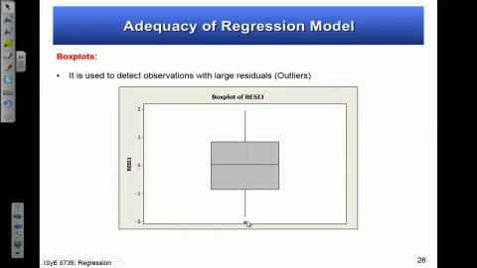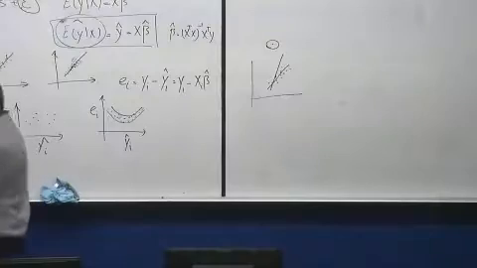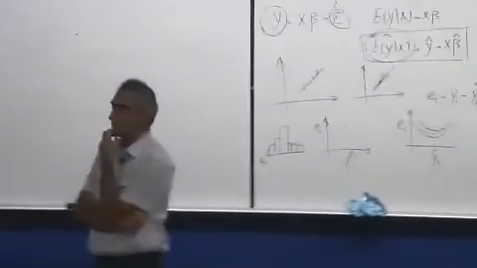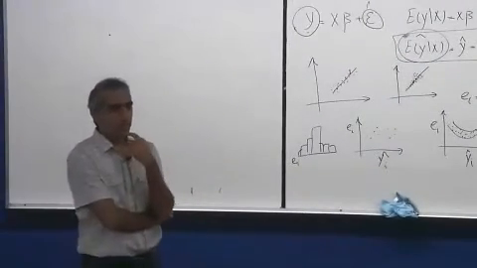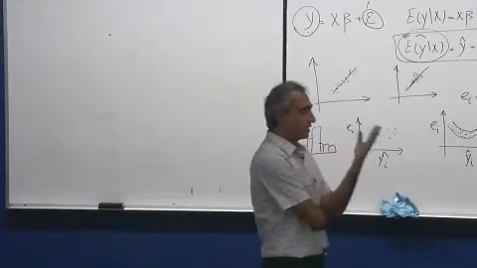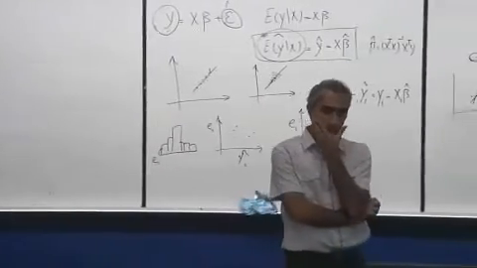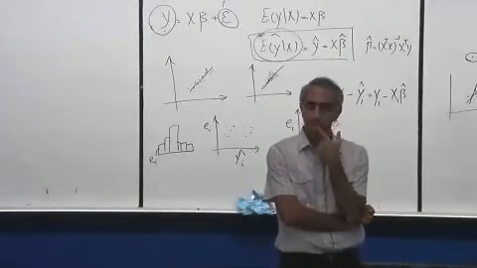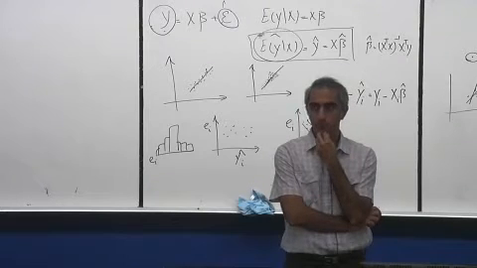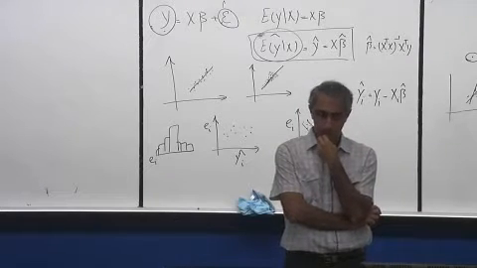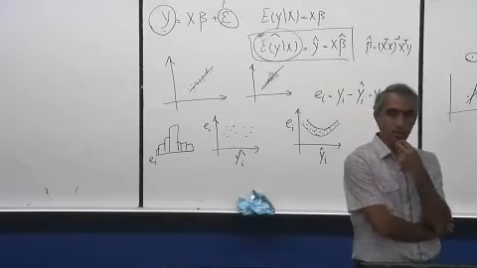What else can this box plot tell us? Or let me rephrase my question. What other assumptions can I check with this box plot? Normality? Yes. How? If it's symmetric?